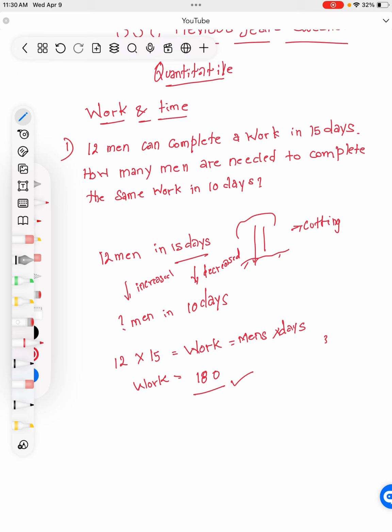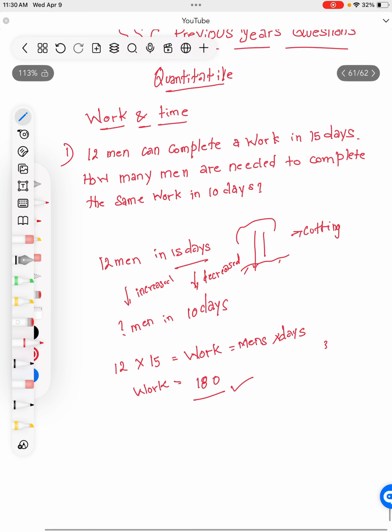So in 15 days to complete this work, we need 12 people, right? To complete the same work in 10 days, how many men do we need? We need to calculate that.